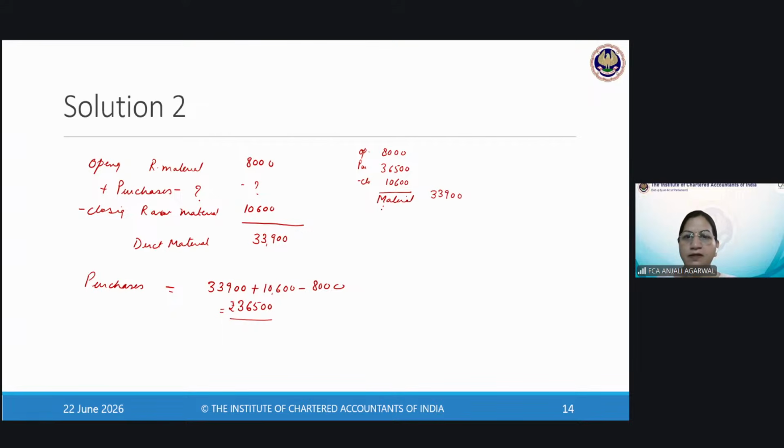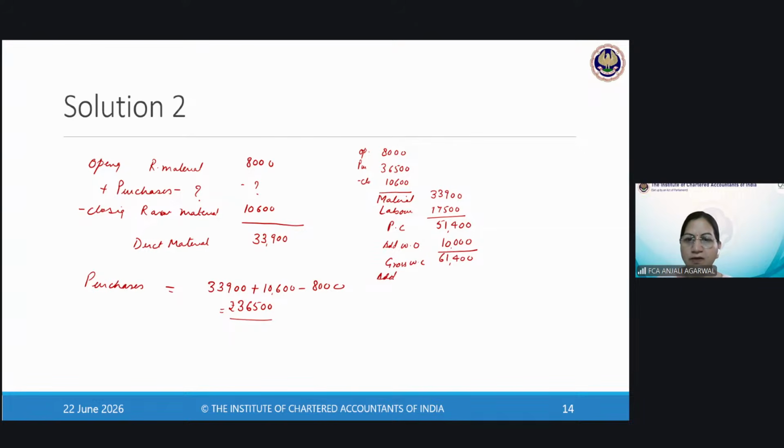To this you add labor 17,500. Prime cost comes out to be 51,400. Add to this works overhead 10,000. 61,400 becomes gross works cost.